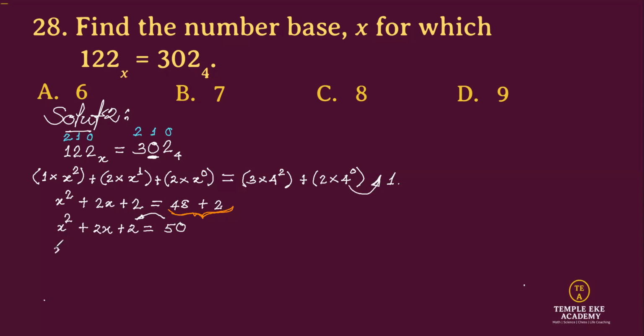So we have x squared plus 2x plus 2 minus 50, subtracting 50 from both sides, leaves 0, since there is no other digit on the right-hand side. And now we evaluate this by saying this is x squared plus 2x minus 48 equals 0.